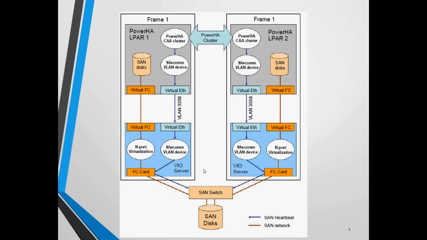And you have to enable target mode at the VIO server level on the FCS device. And then you also need to enable at the FSCSI level dynamic tracking and fast fail, but that's a good recommendation in most cases to have that enabled regardless of using SAN heart beating at all.